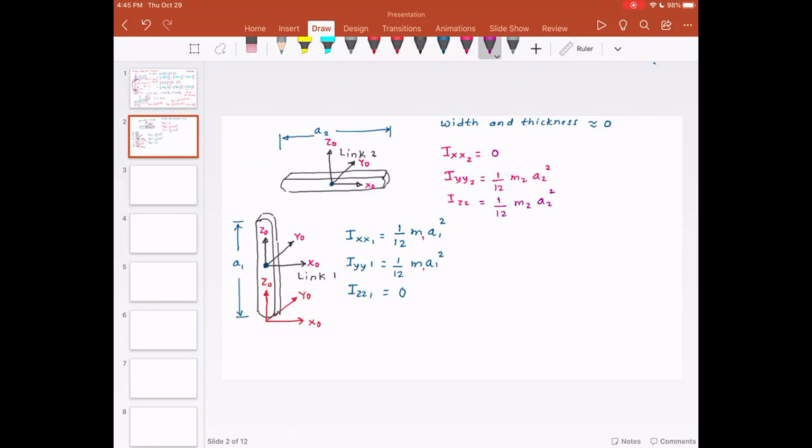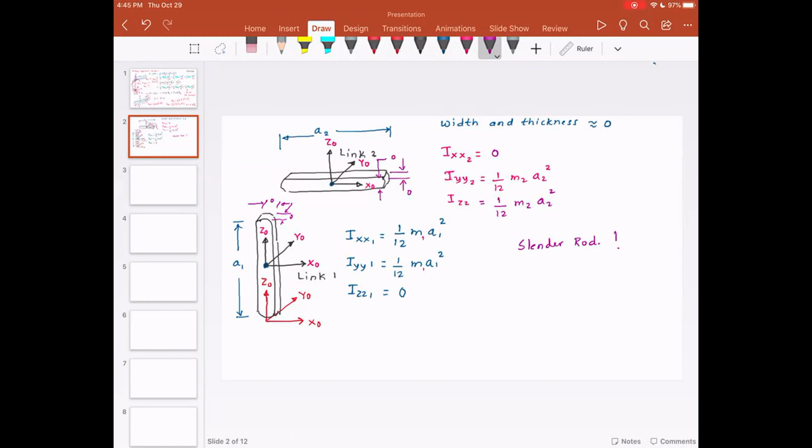And the reason is that I'm assuming this dimension and this dimension to be 0 or very small compared to the length. This is called the slender rod assumption. So we are assuming link 1 and link 2 to be slender rods.